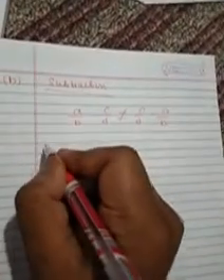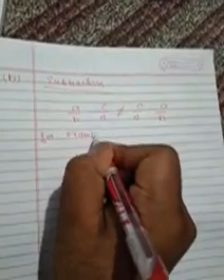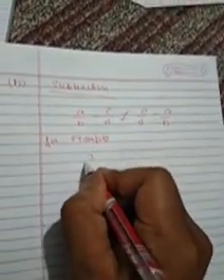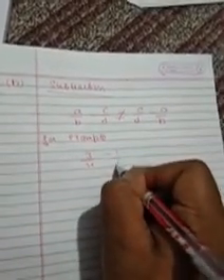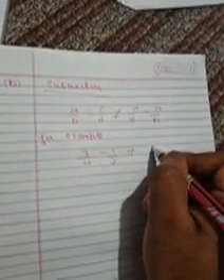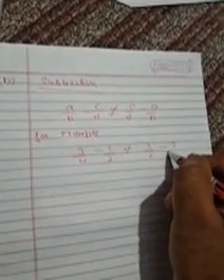Now, for example, let a is equal to 3, b is equal to 4, c is equal to 1 and d is equal to 2. Now we solve it.